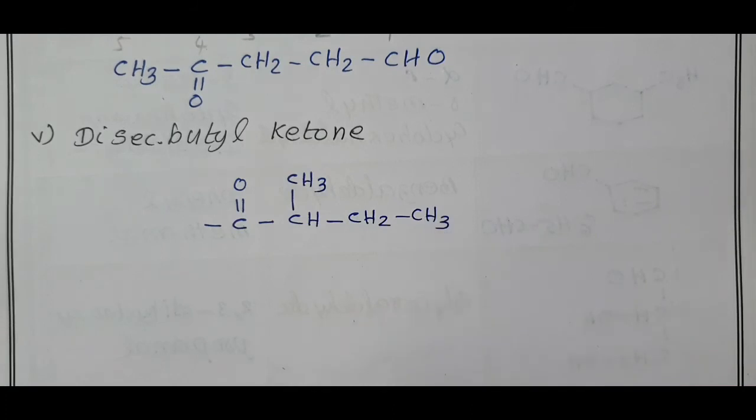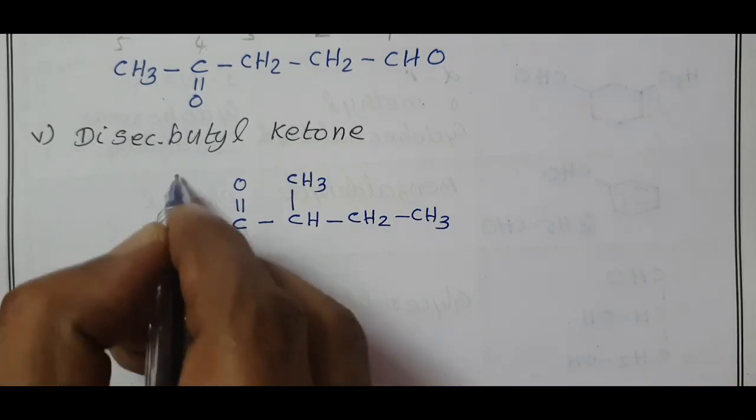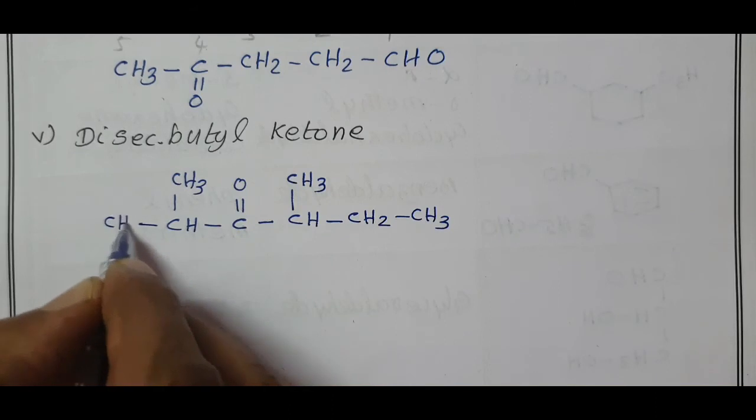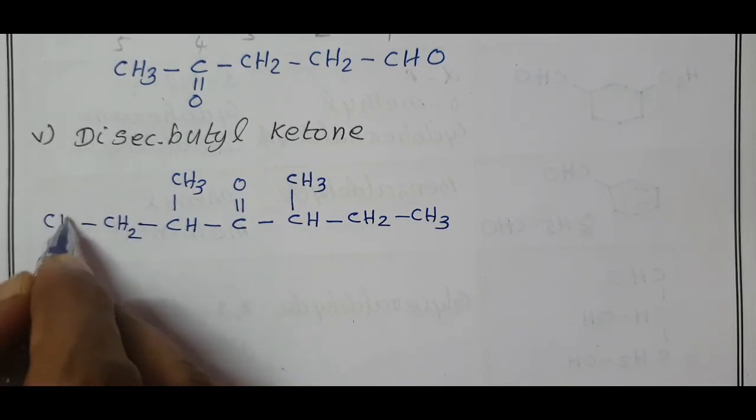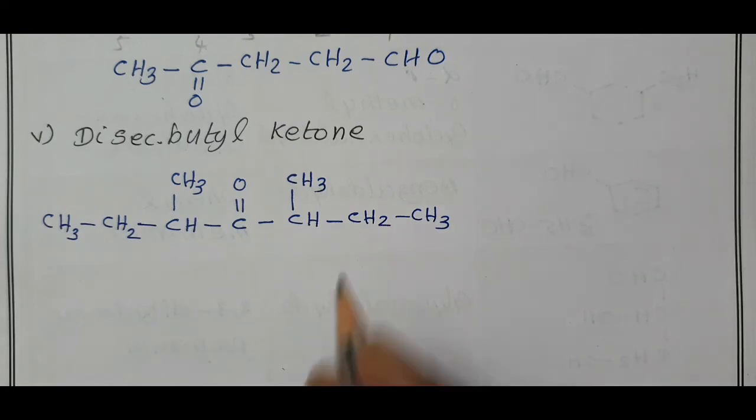This is your secondary butyl. Like that here CH, CH3, and here you have one CH2, CH3. Here one secondary butyl, there one secondary butyl, so it is an example of a symmetric ketone.